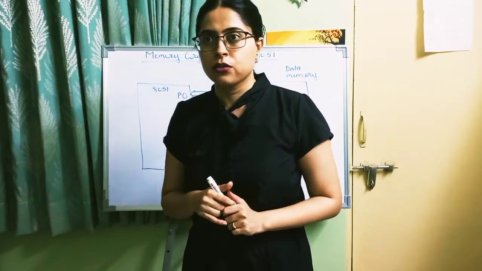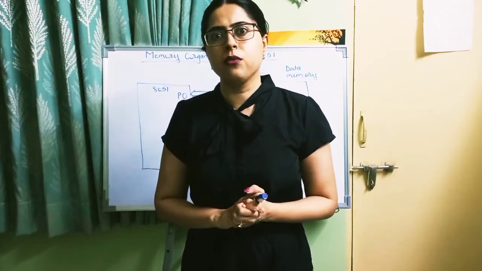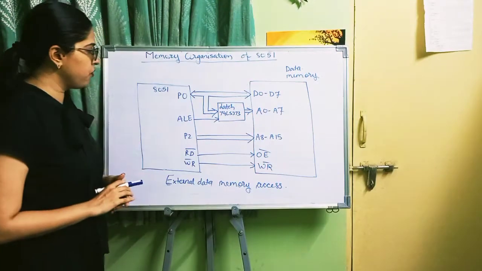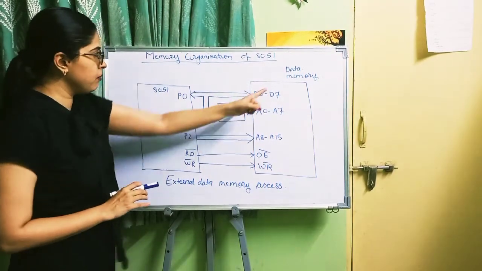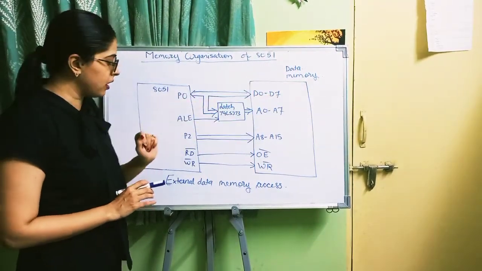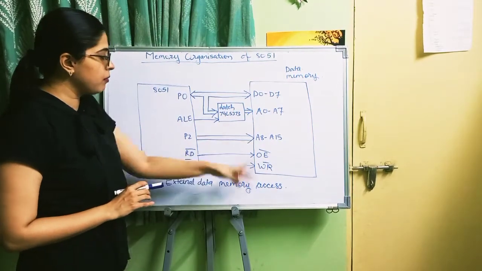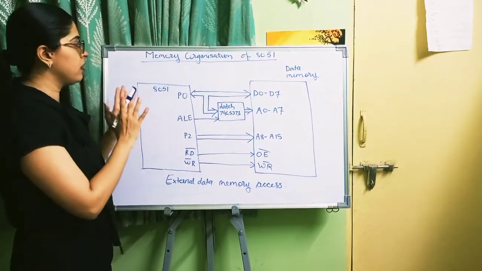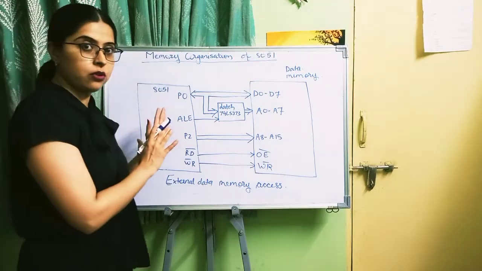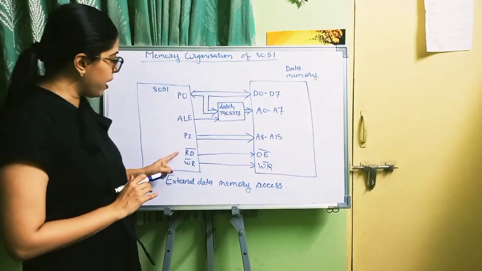Okay, so let's get started with the working. You can see here there is a difference in the diagram. This is the data memory instead of program memory. This is external data memory interfacing with the 8051 microcontroller. So you can see RD bar and WR bar.